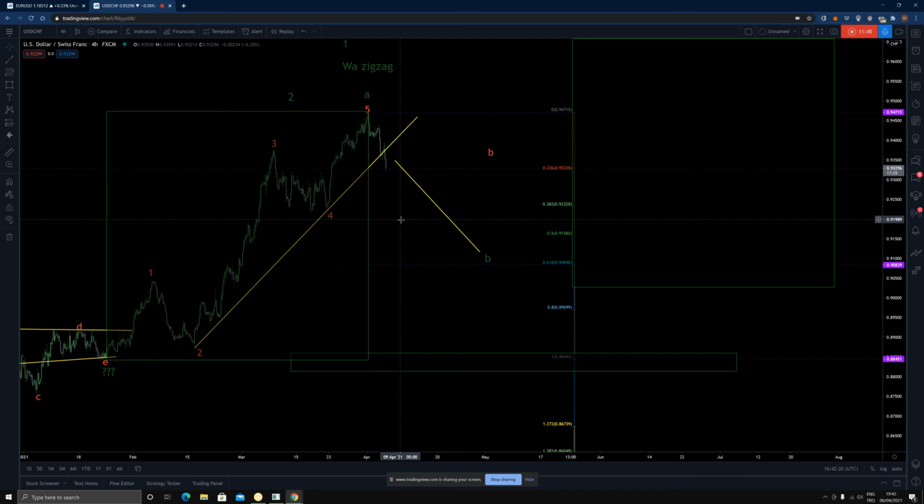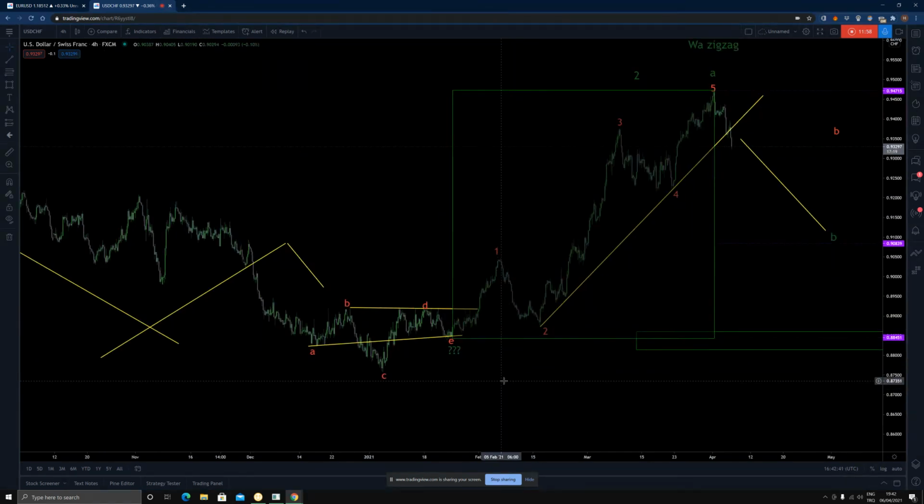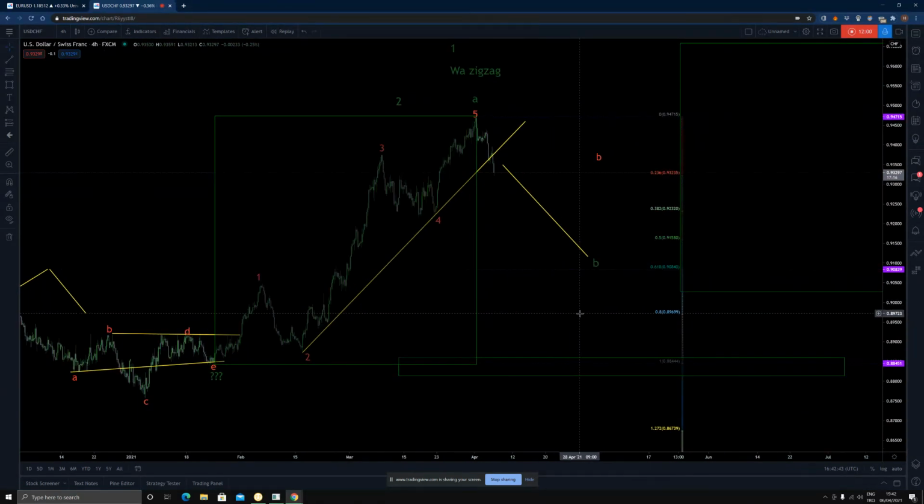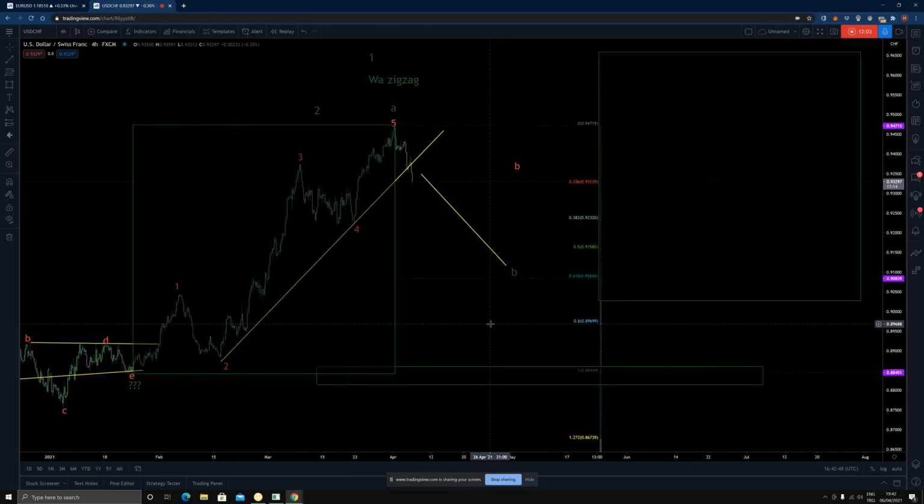I hope this makes sense, guys. And of course, it is not financial advice. I cannot say that this is true. Maybe where we started is completely wrong, so this idea may be all trash. But it doesn't matter, because what I'm trying to teach you here is the concept, the way of thinking when you're trading Elliott waves.